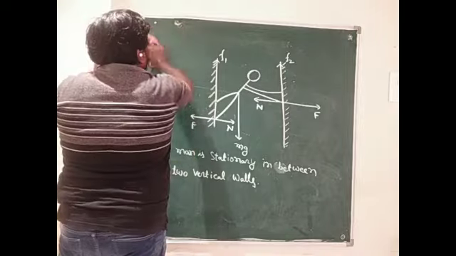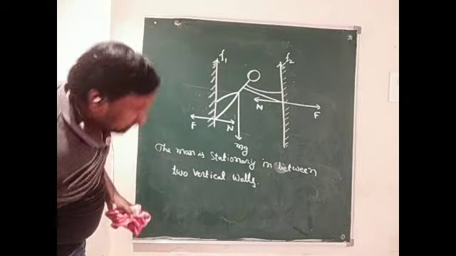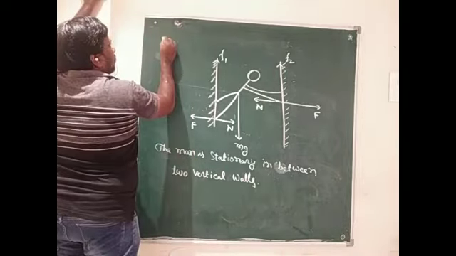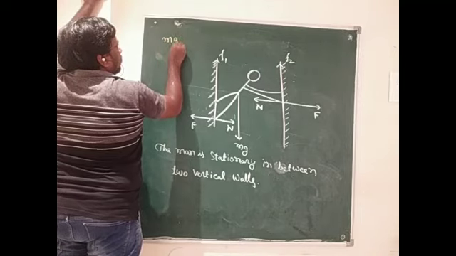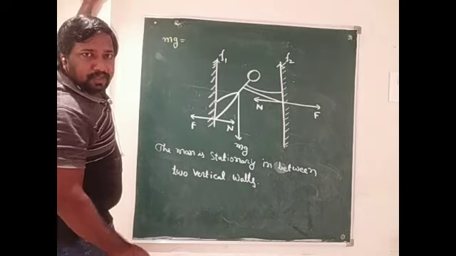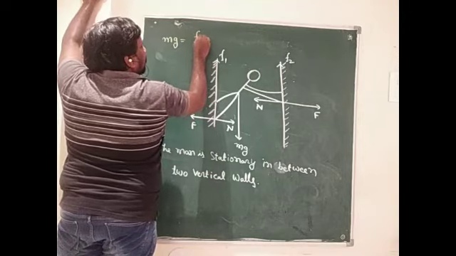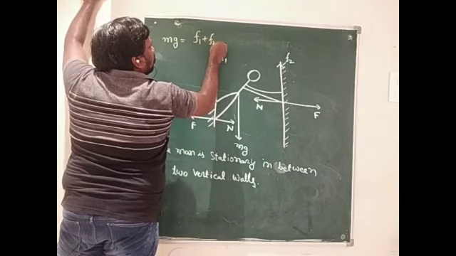So now the total weight of the person mg equal to F1 plus F2.